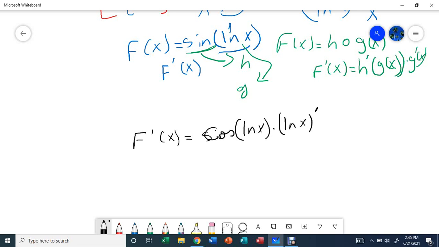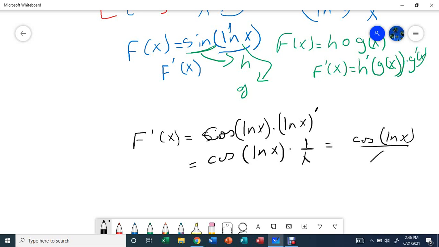So that's the chain rule combined with the log rule. So cosine of ln of x, and the derivative of ln of x is 1 over x. So your final answer will be cosine ln of x over x.